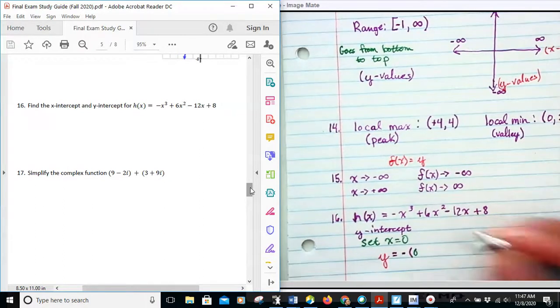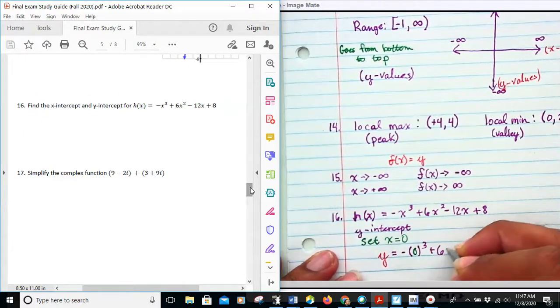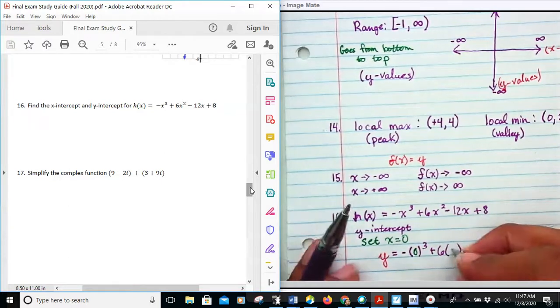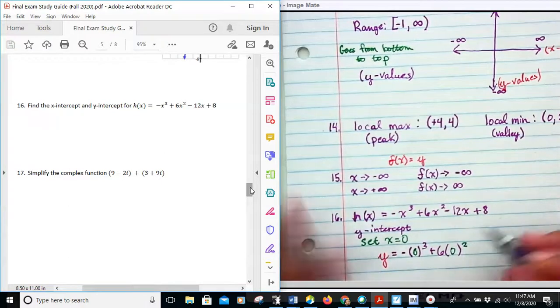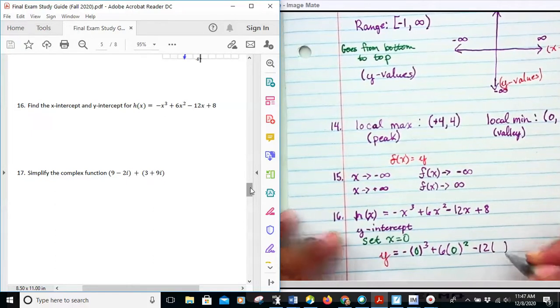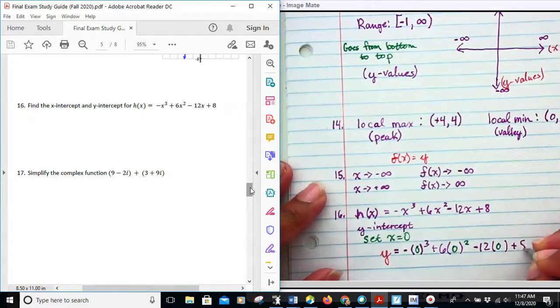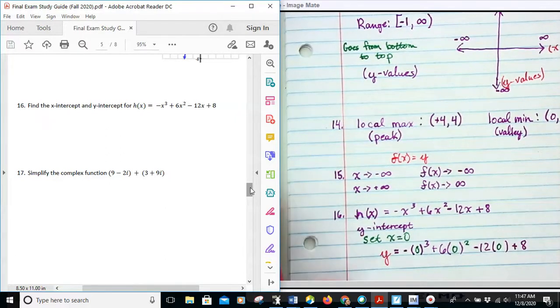It should be a quick answer for this one. That's why we're doing it first. So wherever we saw an x, we put a 0 in that spot.